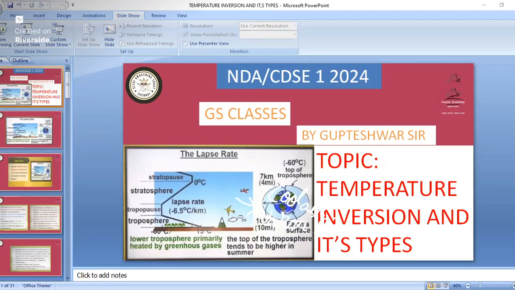You all have studied that as you go up in height, there is a decrease of 6.5 degrees Celsius per kilometer. And you would have seen the graphs when studying the structure of the atmosphere.